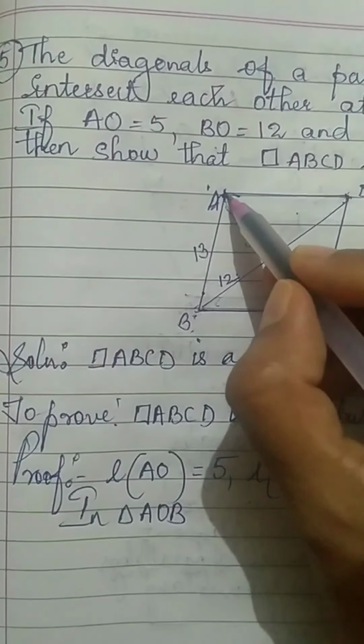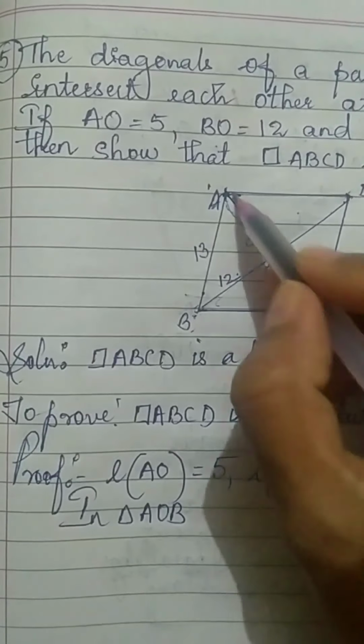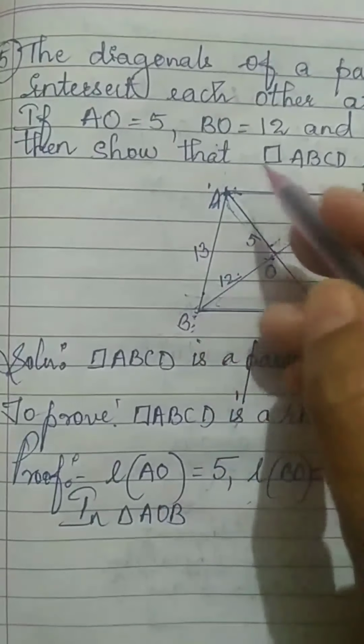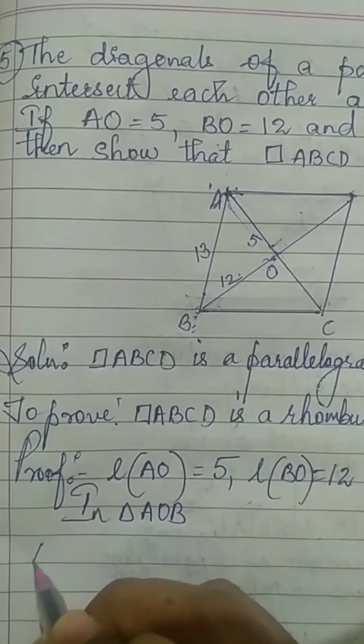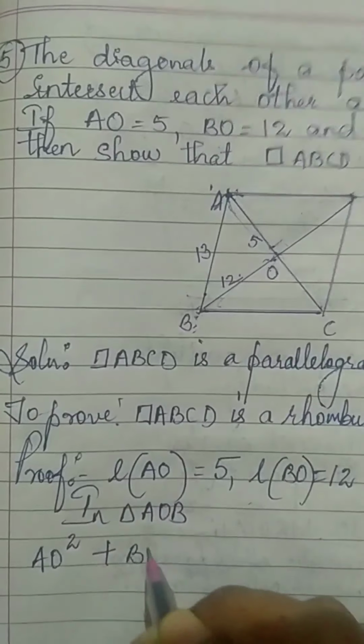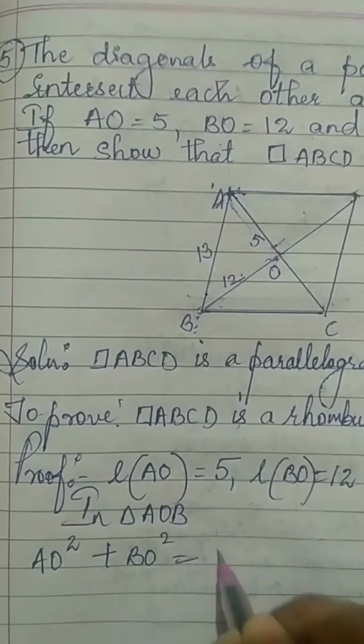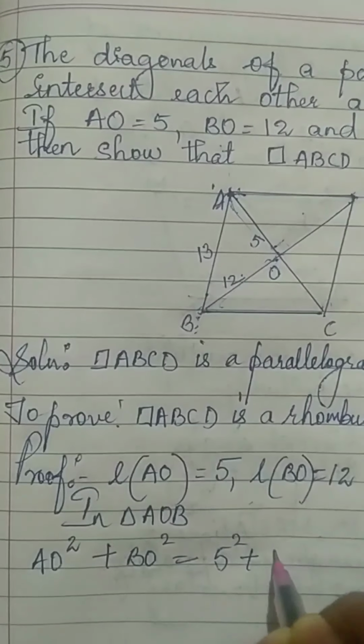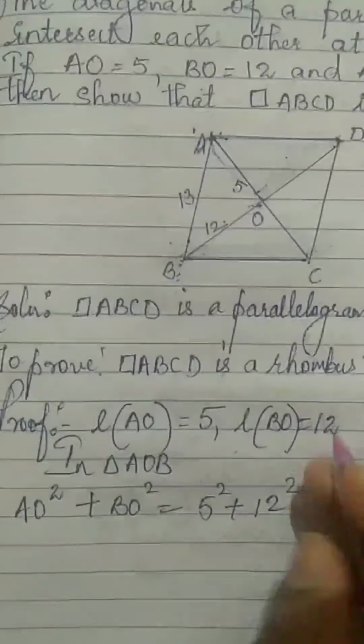So let me take the squares of these two sides, AO and OB. So let's try. AO square plus BO square is equal to 5 square plus 12 square.